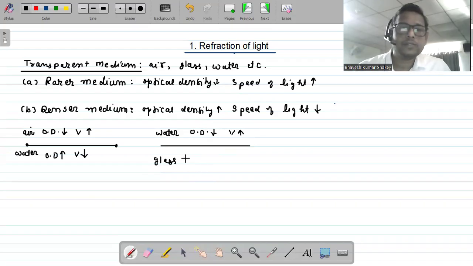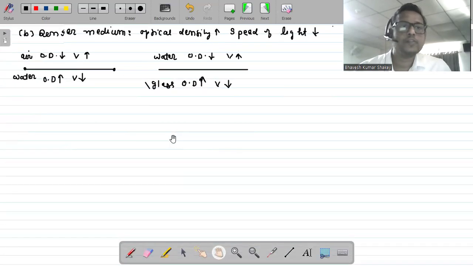In case of glass, if I compare it with water, optical density of glass is more, and because of that, speed of light will be less. In this case, I can say that water is a rarer medium and glass is a denser medium if I compare both these media. So I hope you understand the concept of rarer medium and denser medium. Now let's move to the next topic.